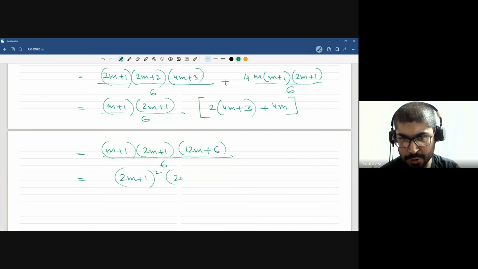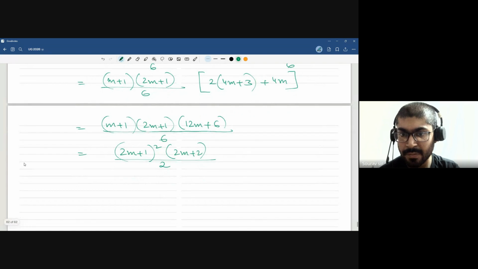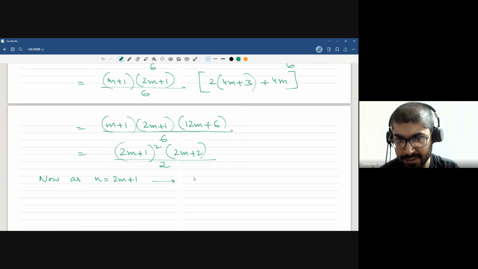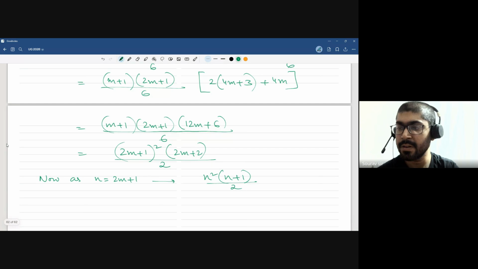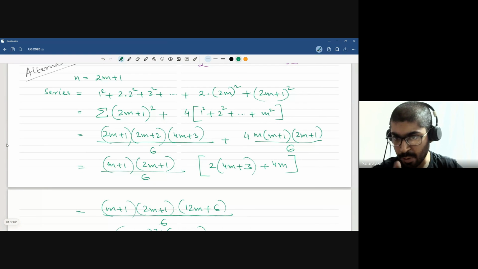And if I write it as 2m plus 2, I'll get by 2. Now as n equal to 2m plus 1, I can write this as n square into 2m plus 2, that is 2m plus 1 plus 1, so n plus 1 by 2. Okay, so this is how this sum should go.